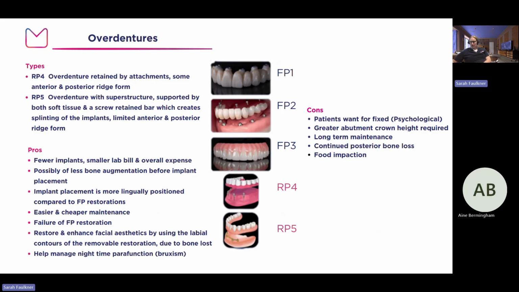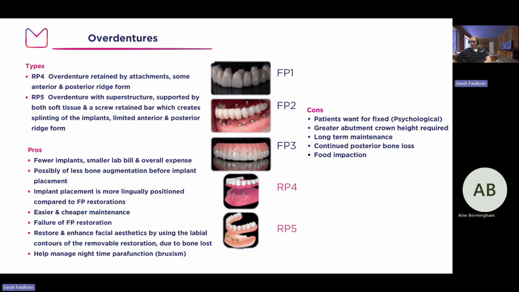They are generally easier and cheaper to maintain as well. If they do need some maintenance, if there is significant wear, we can quite easily repair them. Quite a lot of the time they are used whenever FP restorations have failed as well. It's always useful to know what your removable overdenture options are.